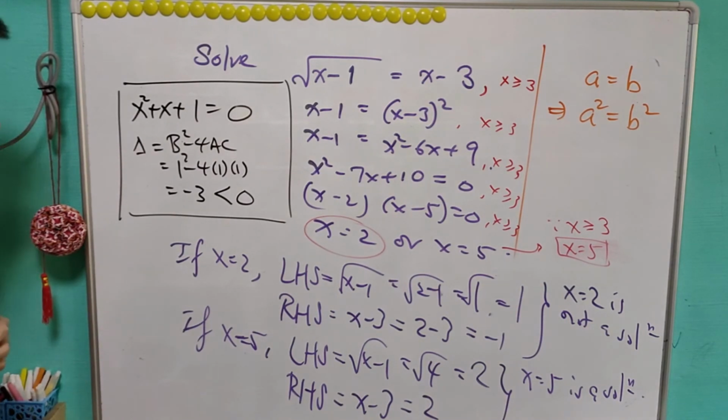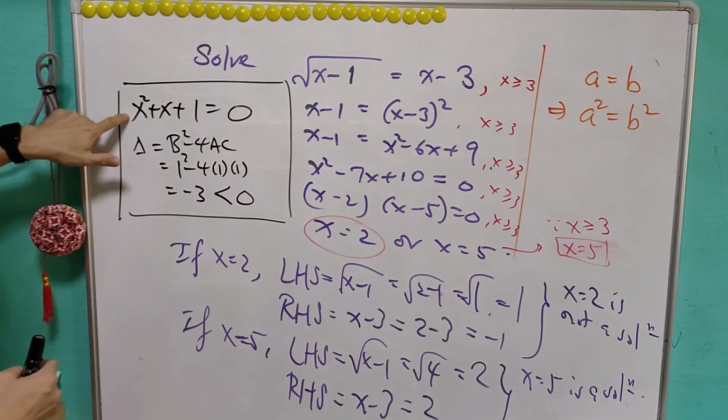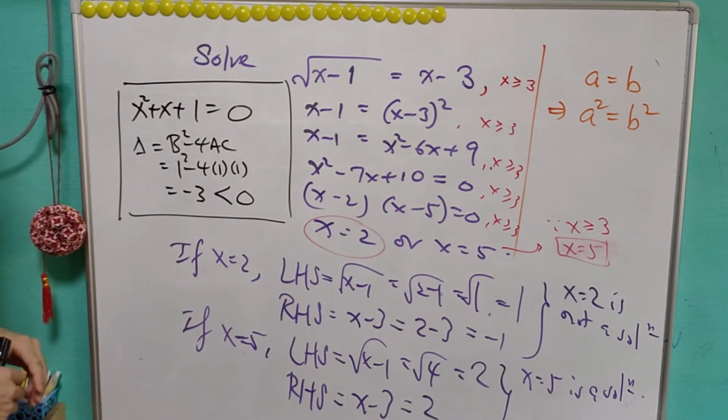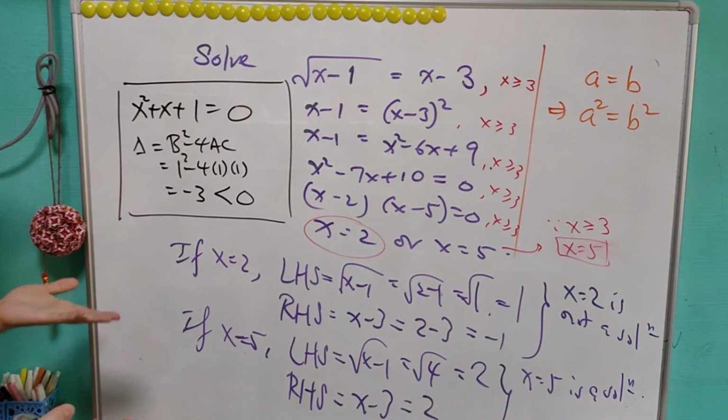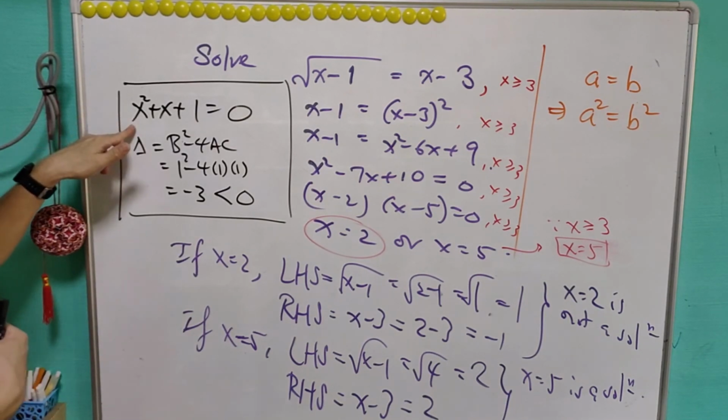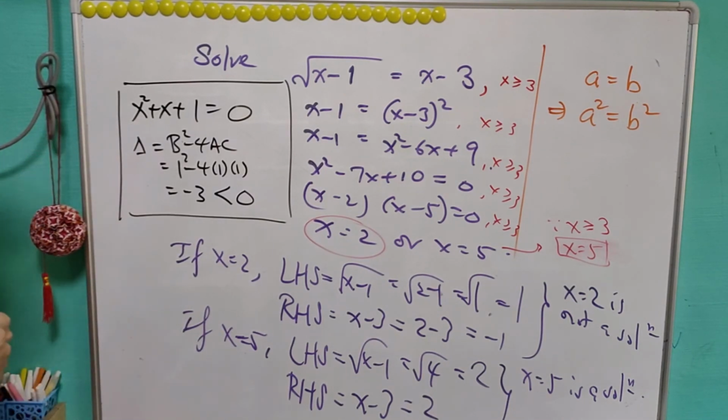Since the discriminant is negative, we can conclude that the quadratic equation here will not have a real solution. And therefore, when we have x cubed equals 1, we can't accept x equals 1 as our answer because we know that the original equation will not have any real solution.